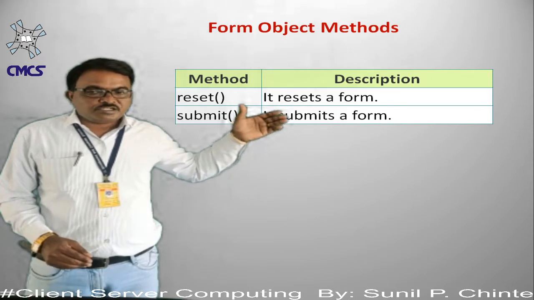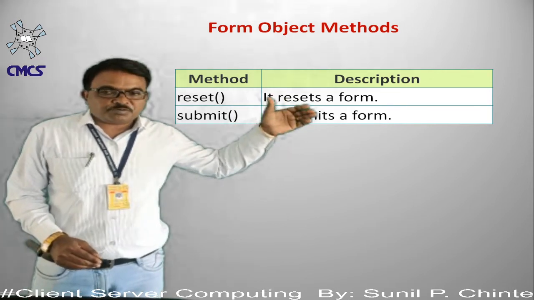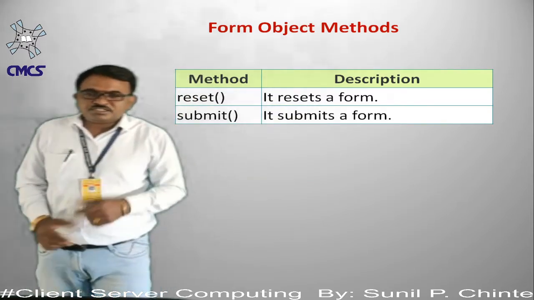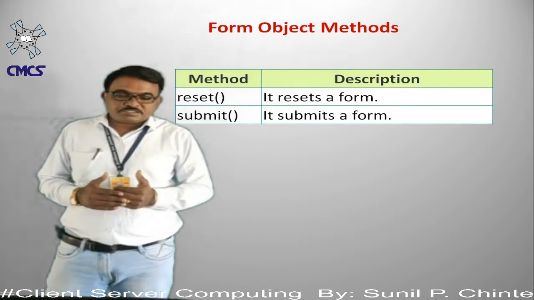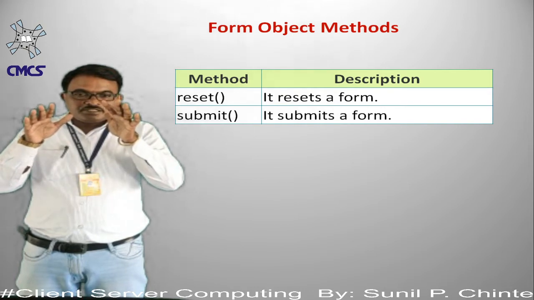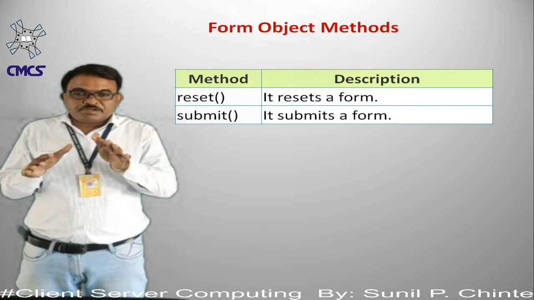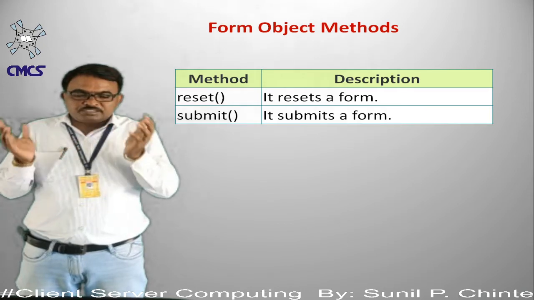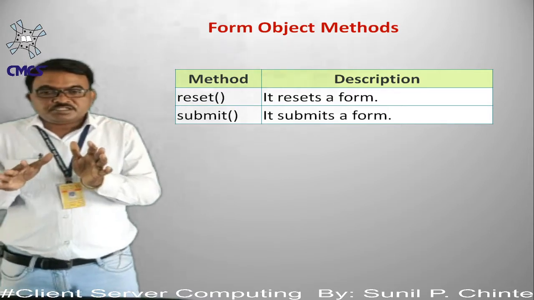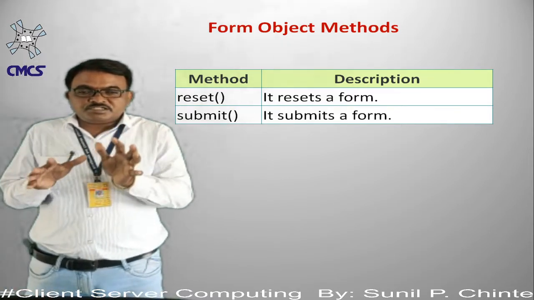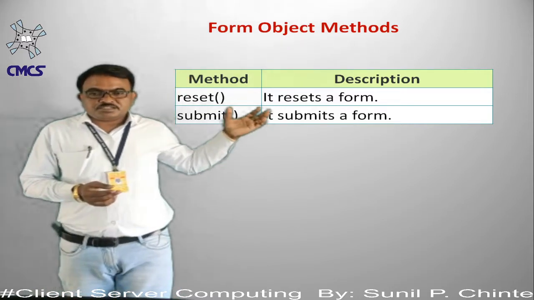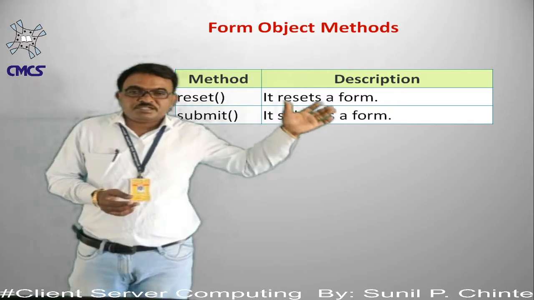The reset method is used to reset the form, and the submit method is used to submit the form. If the user has entered information but for some reason wants to reset it, the reset method is used to reset the information. And the submit method is used to submit the form.